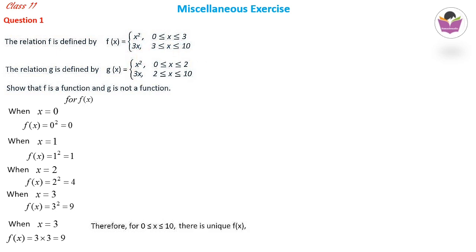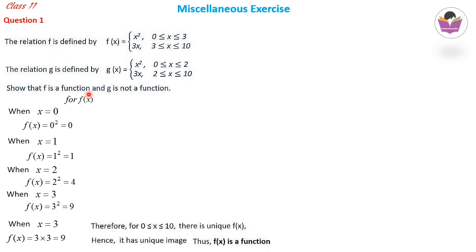So for 0 less than or equal to x less than or equal to 10, f of x is unique. Unique images means one element does not have different images. Even though 3 is repeated in the first function as well as in the second function, we are getting the same image. So it has a unique image, therefore f of x is a function.